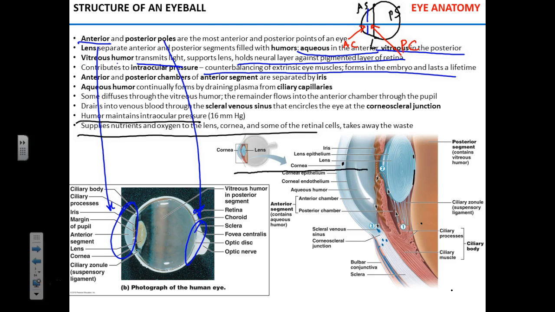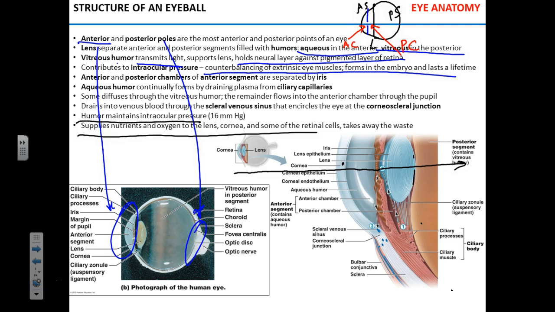Cornea, then pupil, and then lens, right? The cornea and lens have no blood supply. They receive nutrients and oxygen from the aqueous humor. Why? They don't have any blood vessels. Exactly, we would see the blood vessels, so we don't need blood vessels in these structures. Does that make sense? That's why we have to have aqueous humor.